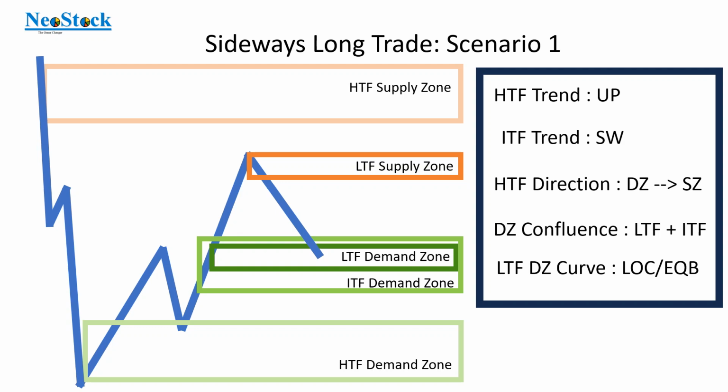Majority of the checklist items are the same as what you learned in lesson 20, but a few checklist item rules are changed. That's why part 3 of lesson 30 is the upcoming lesson. In that lesson, you will be learning the checklist rules for sideways trade setup.